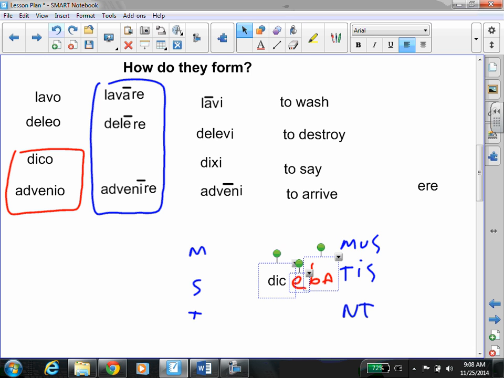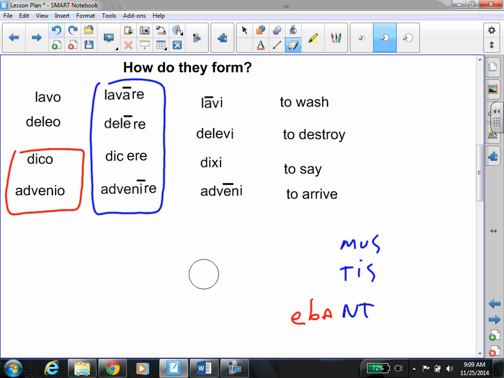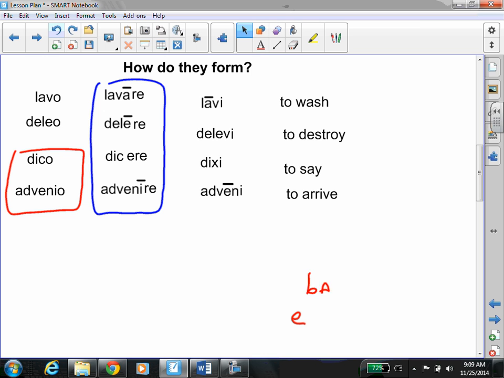Dicebatis, y'all were saying, and then dicebant. So it adds EBA. Well, guess what? I told you that the third and the fourths are going to act the same. Just like earlier when we had 4 I's and a U, the fourth is also going to use that EBA instead of just BA like the first two did.